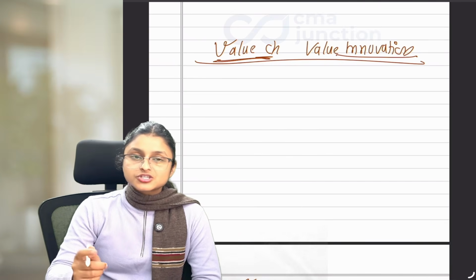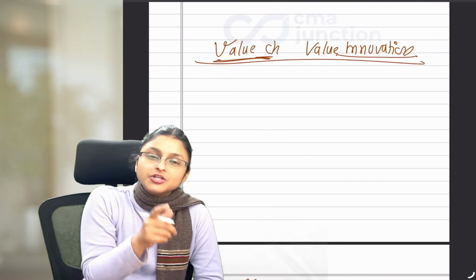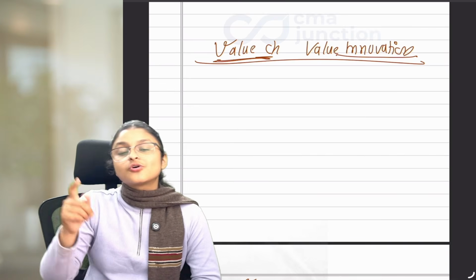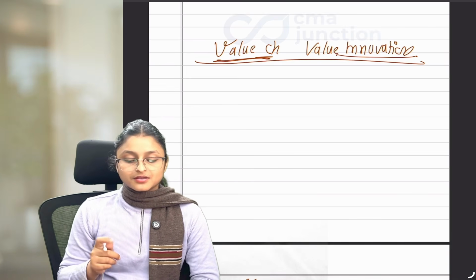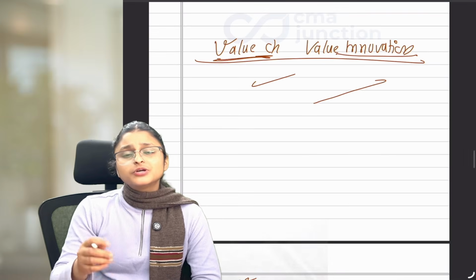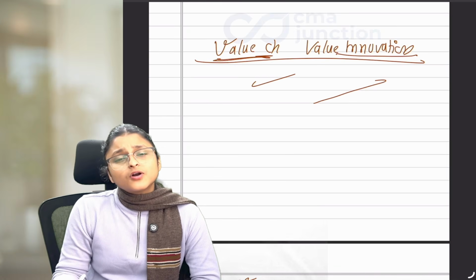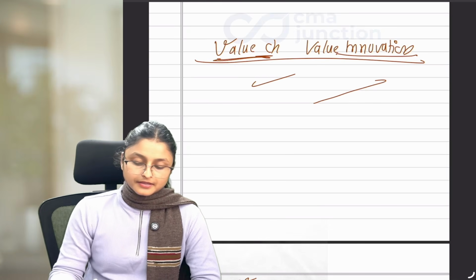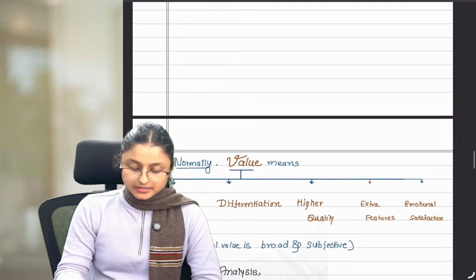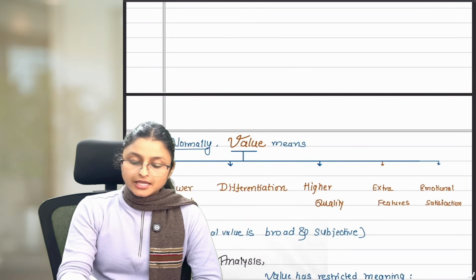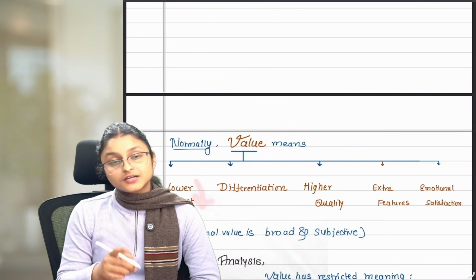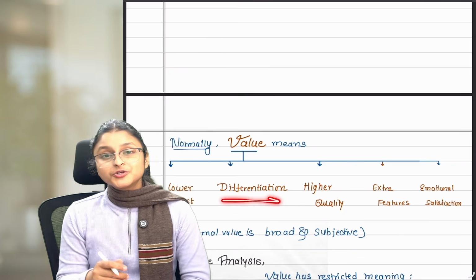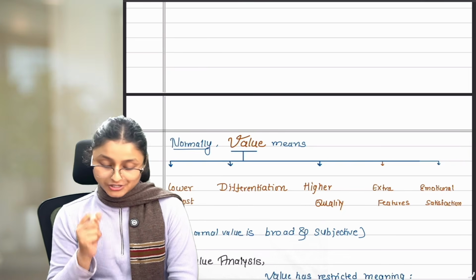In value innovation, we are trying to add value by providing product differentiation or cost leadership. So everywhere we are trying to increase value. Now, what does this value mean? Value can be anything through which you are able to reduce your cost. That is also value. If you are able to make something different, that is value creation.